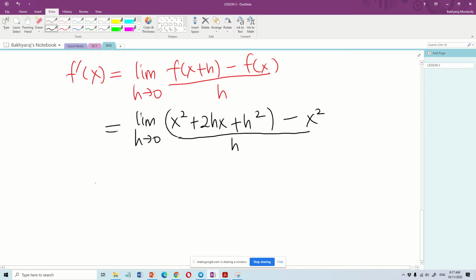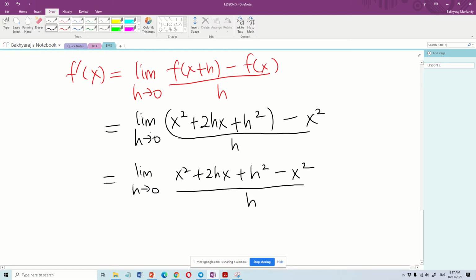So what do you get? You get limit h approaches 0, x square plus 2hx plus h square minus x square divided by h. So by doing that, we can cancel the x square. So x square boleh potong.